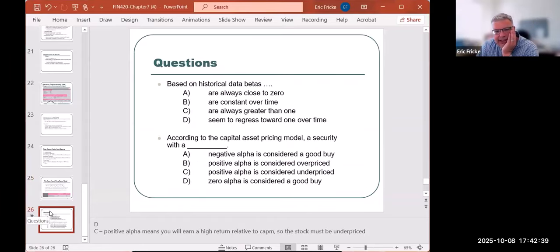All right, let's end up with a question here. Based on historical data, what do betas do? Are they always close to zero? Are they constant over time? Are they always greater than 1? Or do they seem to regress toward 1 over time?